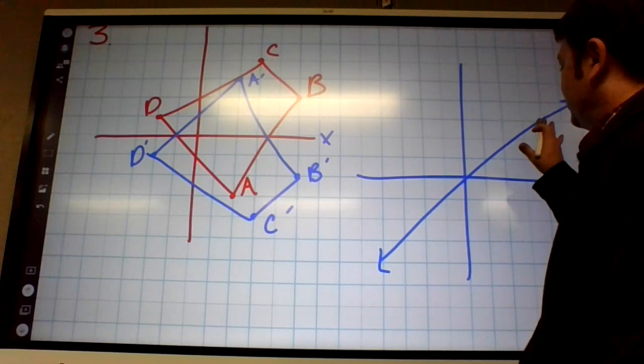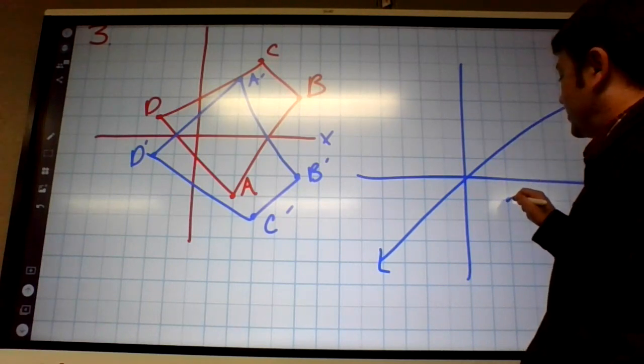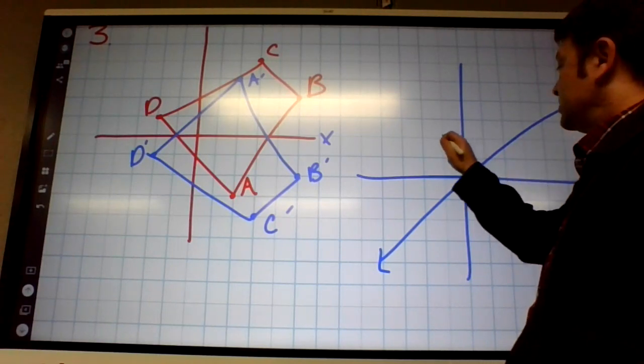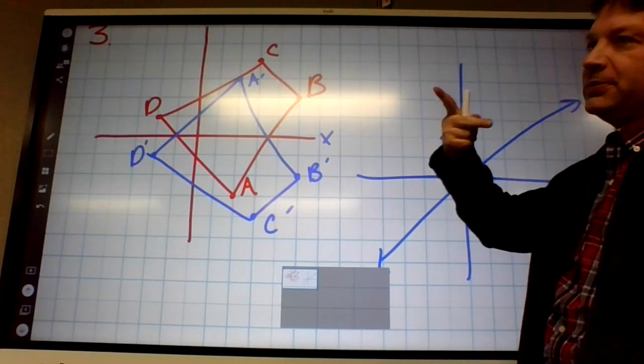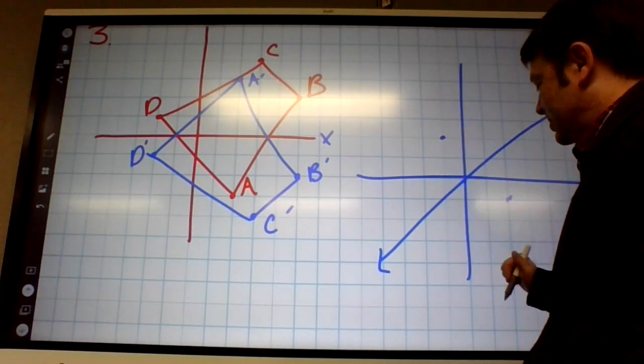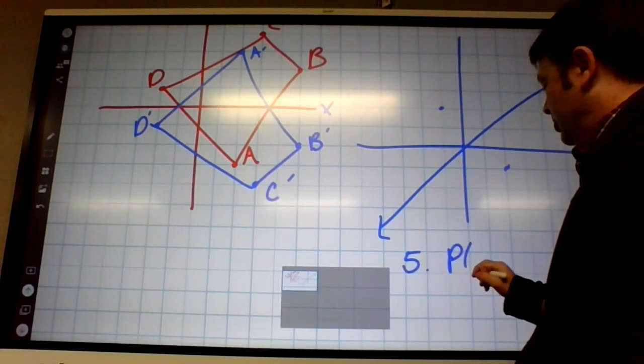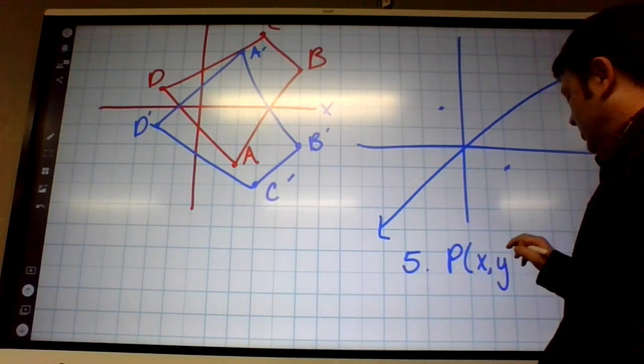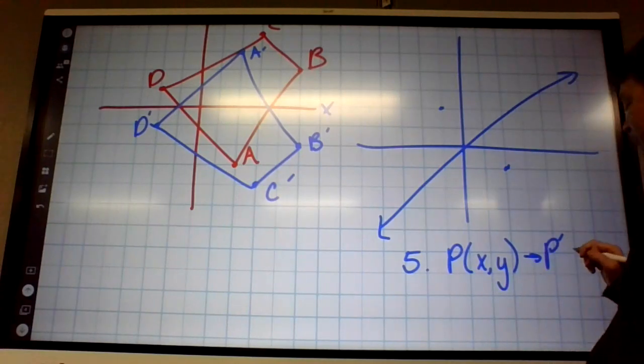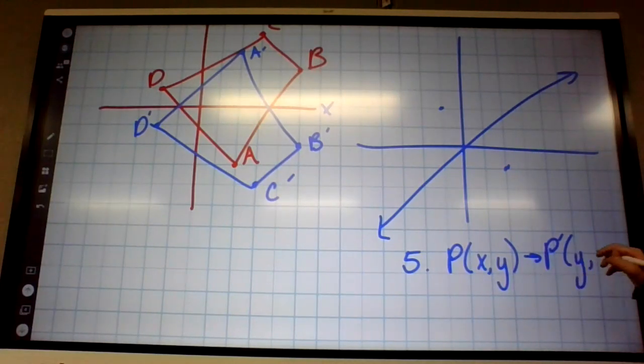Okay, this was the line, but what happened to the coordinates when you reflect over that line? The x and y switch places. So what they wanted us to write on number 5 was if the point P has coordinates x, y, then the P prime is gonna be y, x.